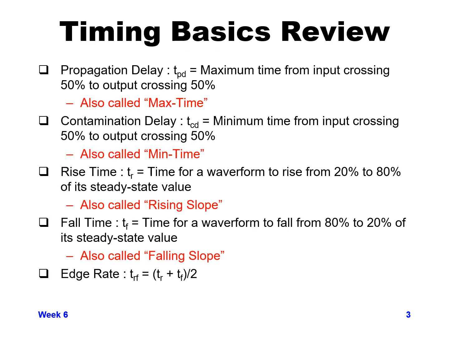So the first part of the review of timing basics is just going through the types of delays that we can get in integrated circuits. Again, we introduced this before, but the propagation delay, keep in mind, is the maximum amount of time from when the input to a given gate crosses 50% till the output crosses 50%.